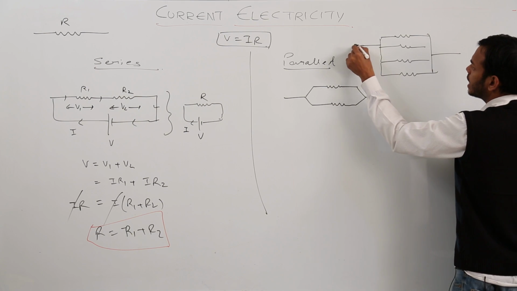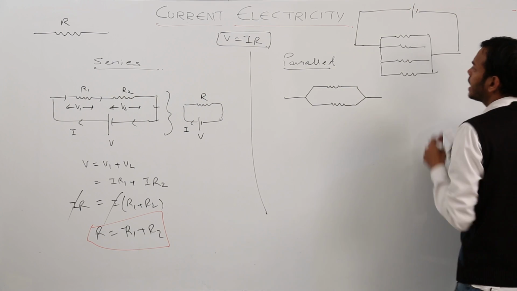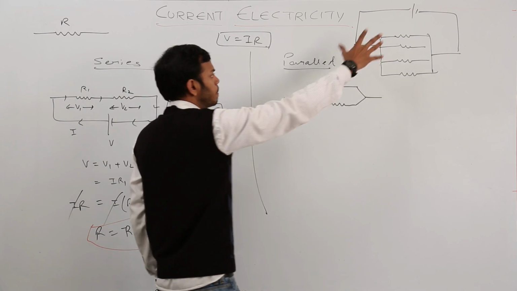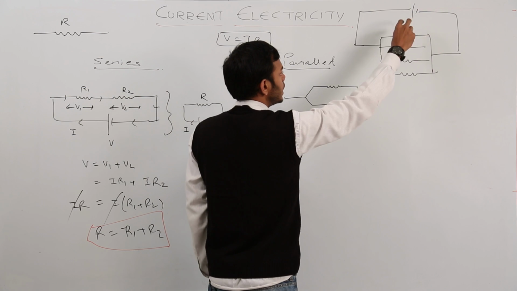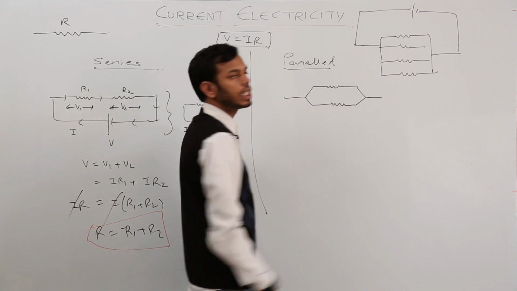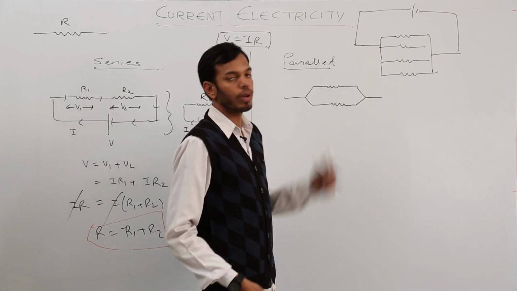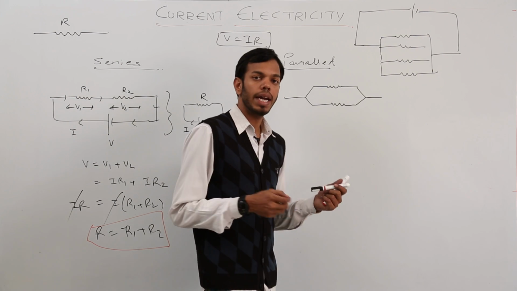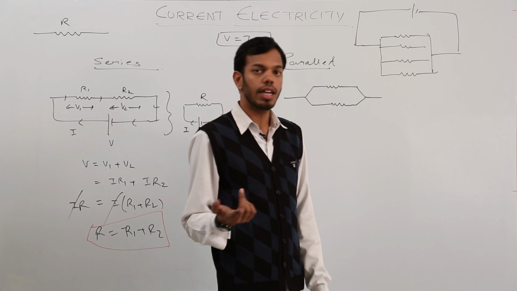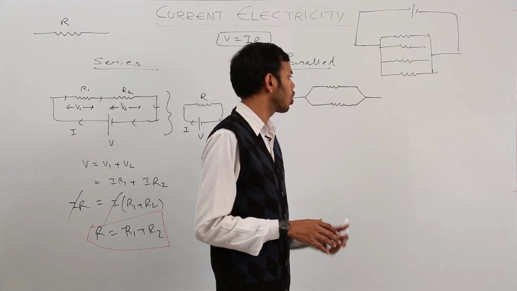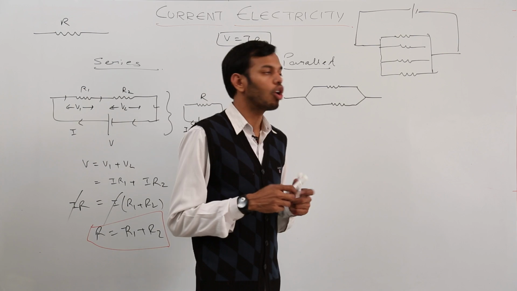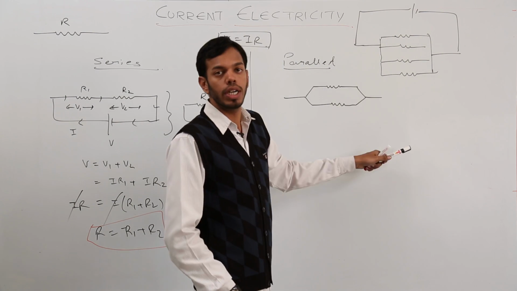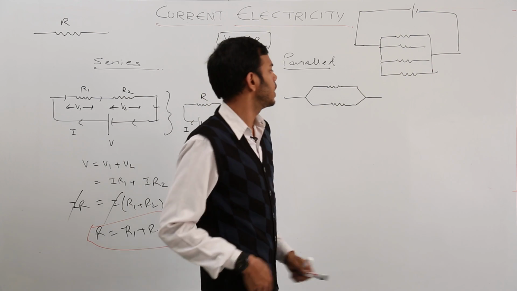So basically, the point that all these four resistors are in parallel is that this voltage is equally given to all of these components. What is the term component? See, in our coming chapters like EMI and AC, there will be conductors, inductors, capacitors and a lot of stuff. So all these will be electrical components. Here voltage is given equally to all these components. So this is called a parallel combination.